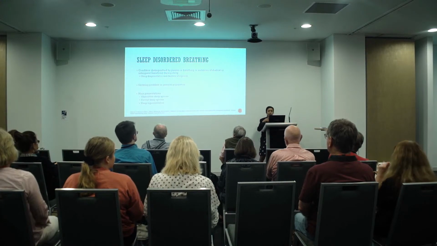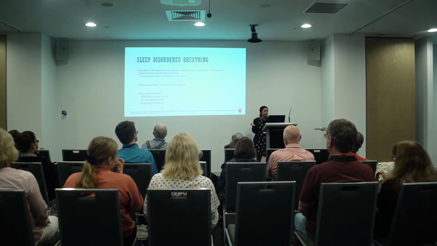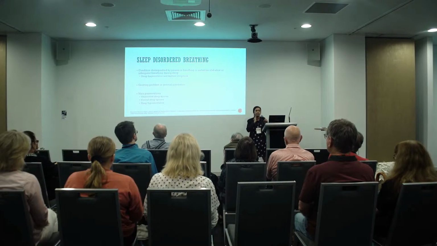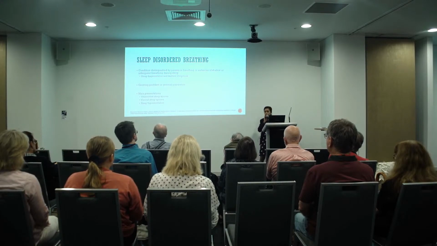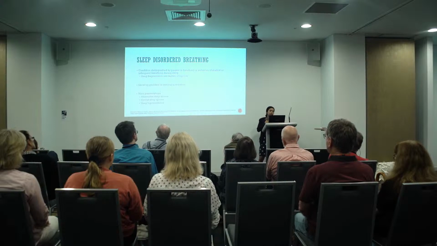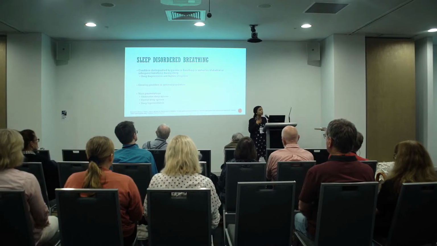In OI, there's different types that sleep apnea can present. It can present as obstructive sleep apnea where your upper airways close. But depending if you've got problems with your skull base and basilar impression, you can also get central sleep apnea from neurological problems because parts of your brain control your breathing. And if you've got heart problems, that can also cause a type of central sleep apnea as well.